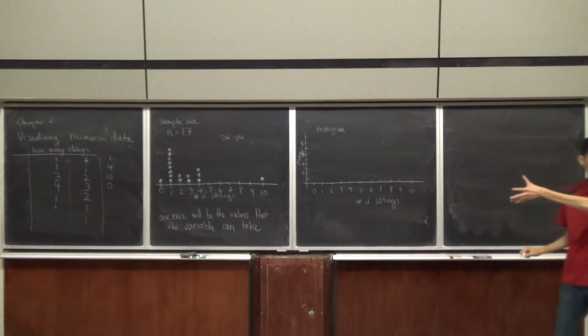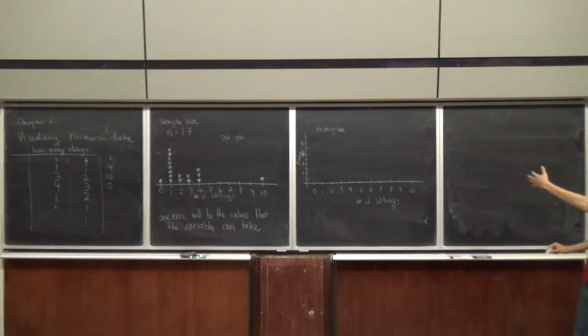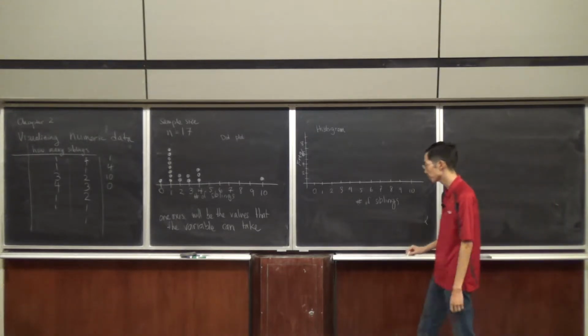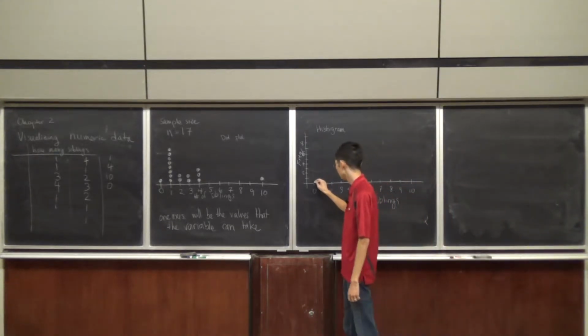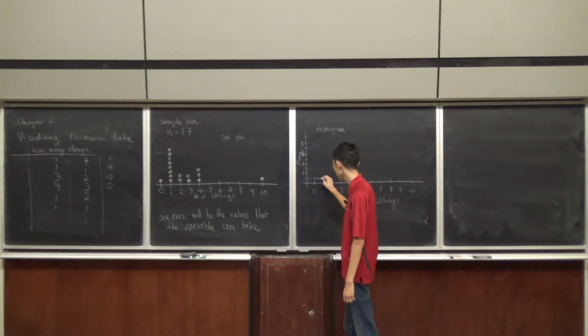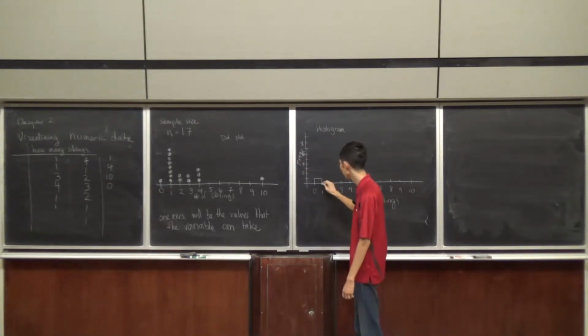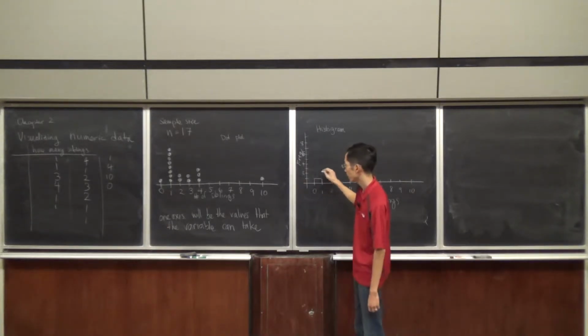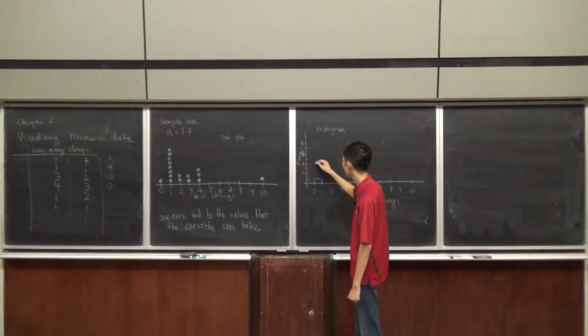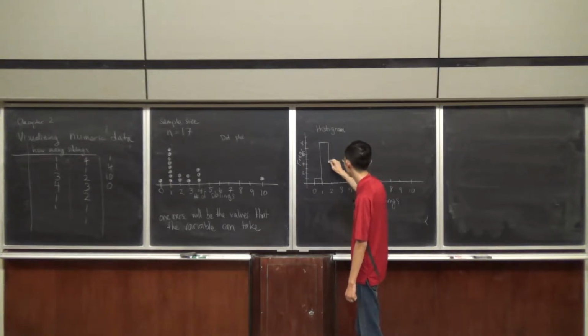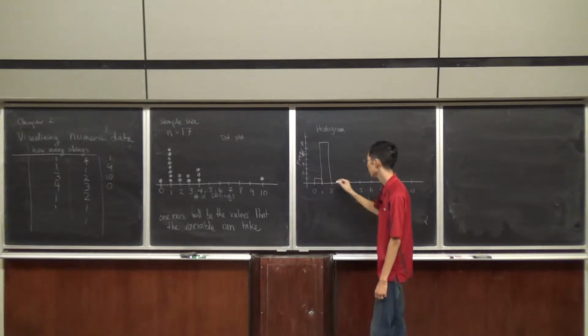All right, and because we've already created a dot plot, our histogram is very easy to make. At 0, we have one person represented. With one sibling, we have 8 people represented.